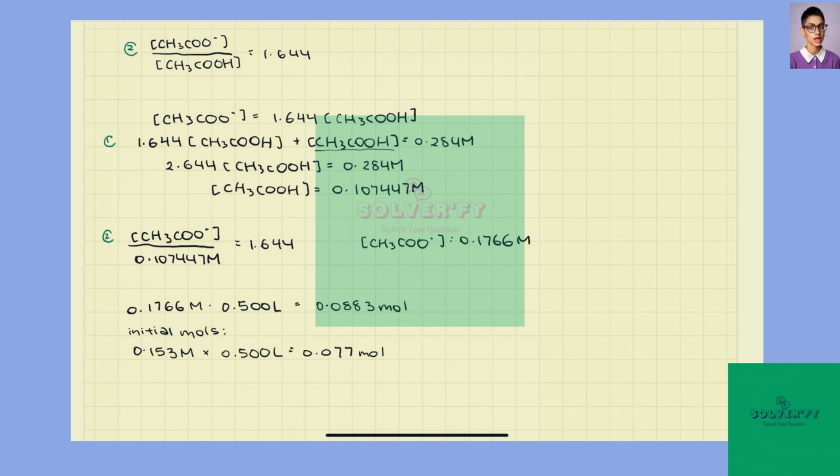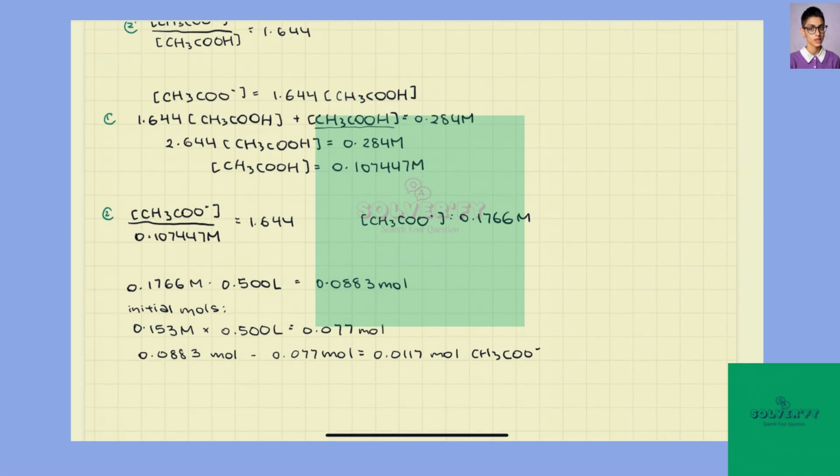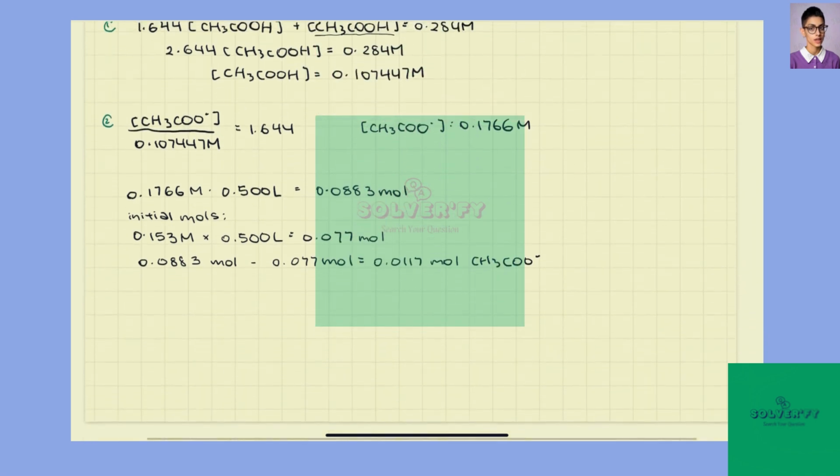We can do the subtraction, and we can find how many moles of CH3COO minus need to be added. We will find ourselves with 0.0117 moles of CH3COO minus. This is the amount that needs to be added.